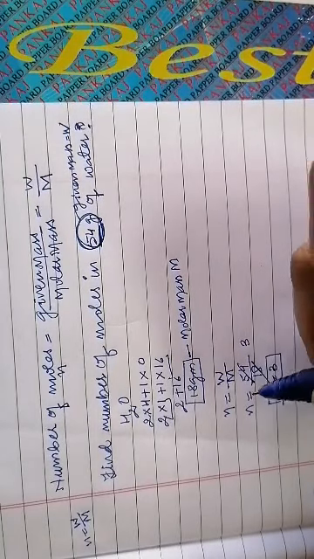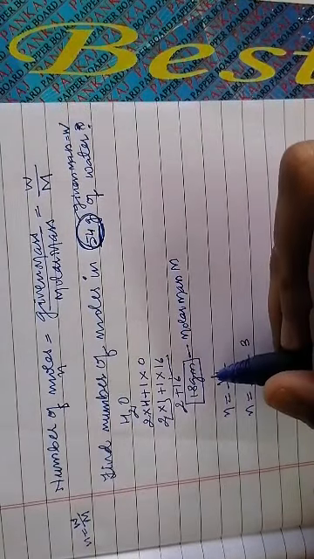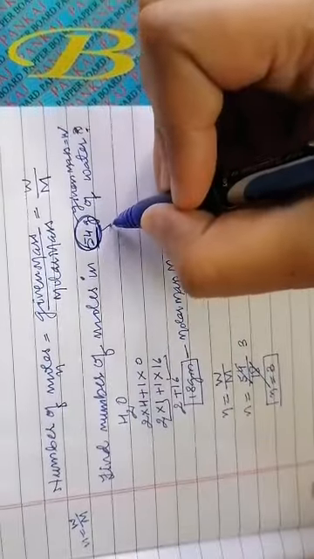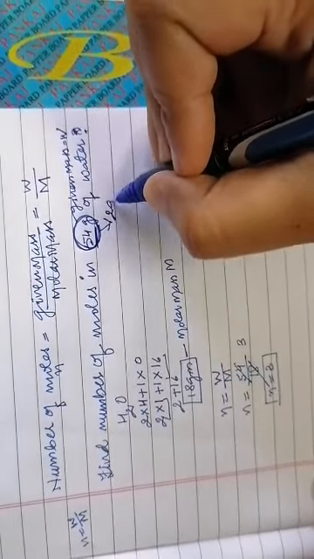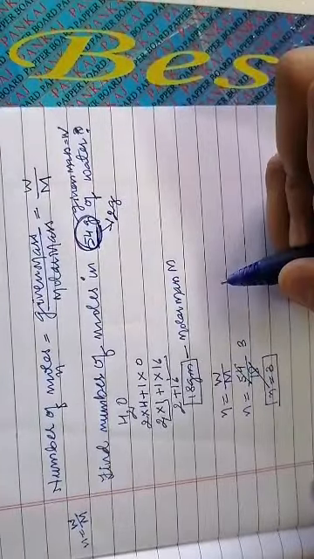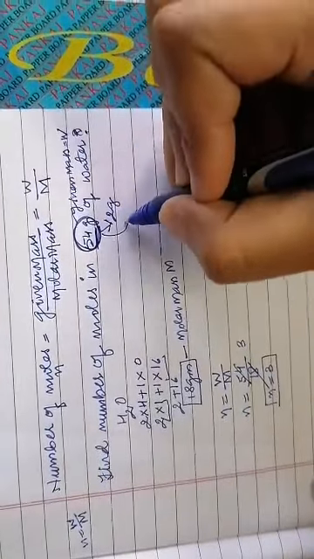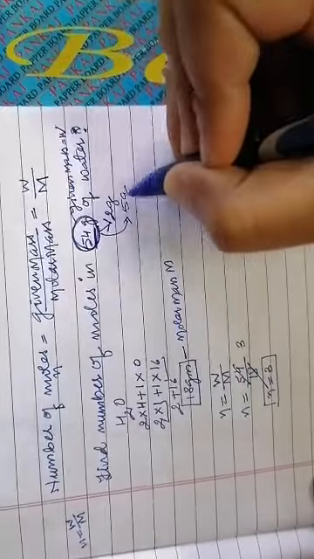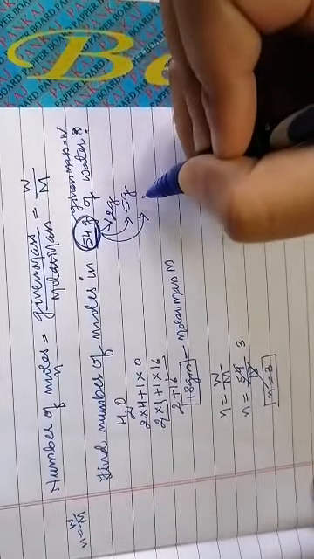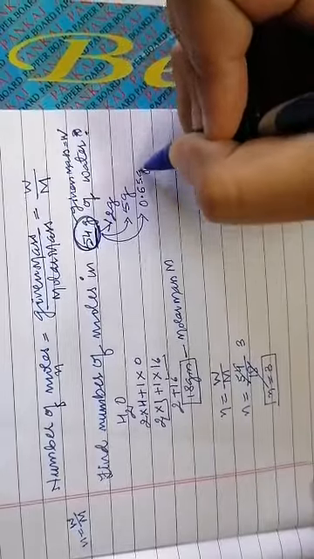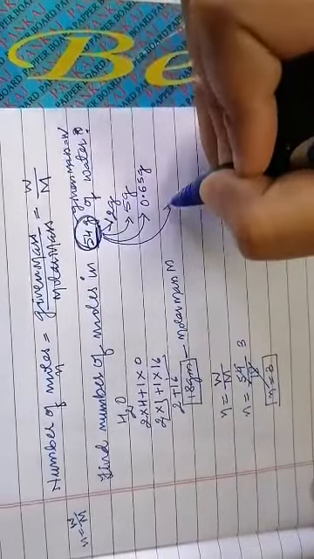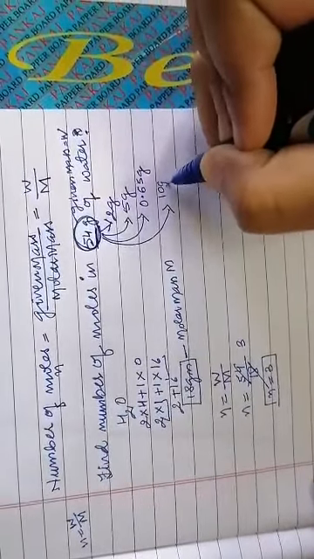In the same way, we can calculate the number of moles. Suppose I have right now 2 gram of water. Then how many moles do I have? I have 5 gram of water. I have 0.65 gram of water. I have 10 gram of water.